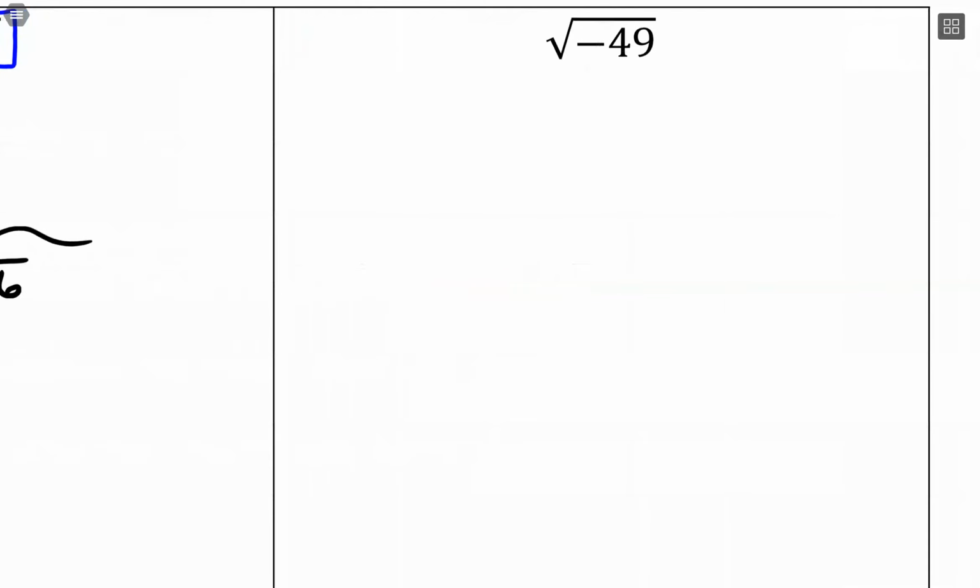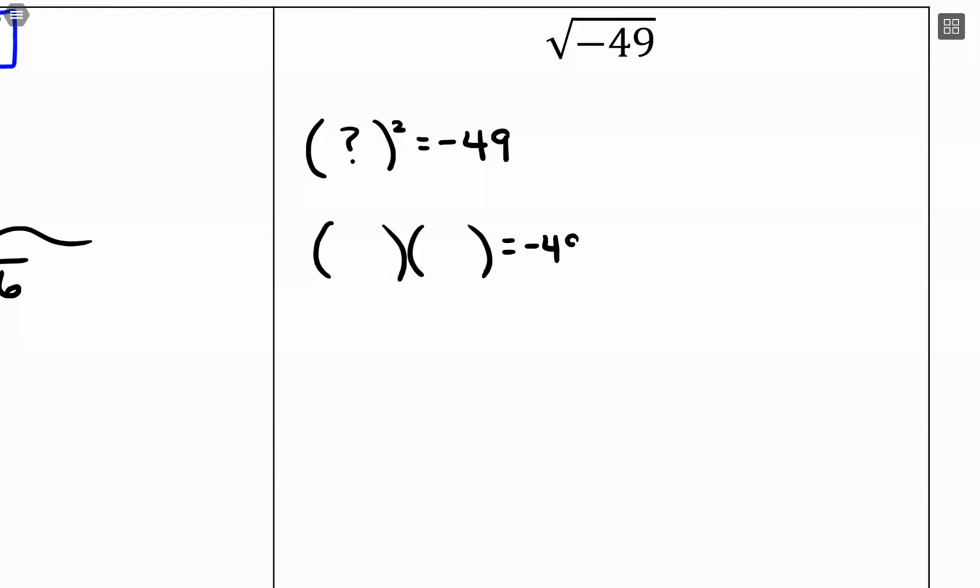Square root of negative 49. Okay, so what I want to know is, what do I need to square in order to get negative 49? And when I'm squaring something, I'm multiplying the same thing to itself. So numerically, I know a 7 would work. 7 times 7 is 49, but either both of the values have to be positive or both have to be negative. If we multiply 2 positive values, that's going to give a positive.